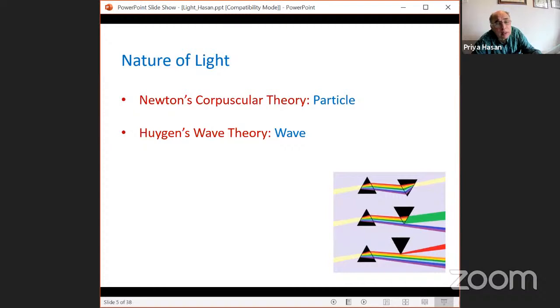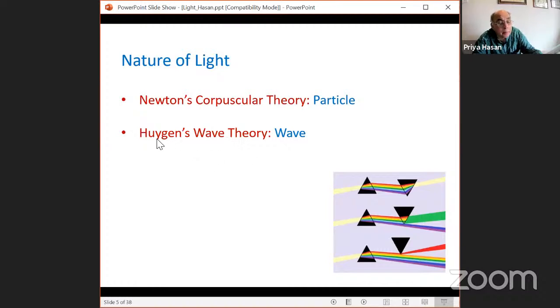Newton has done a tremendous amount of work on light as well. Newton believed that light has particle nature, and Huygens, who lived at the same time, and his associates thought light was a wave. It propagates as a wave. So Newton had this corpuscular theory of light, while Huygens and others had the wave nature of light.